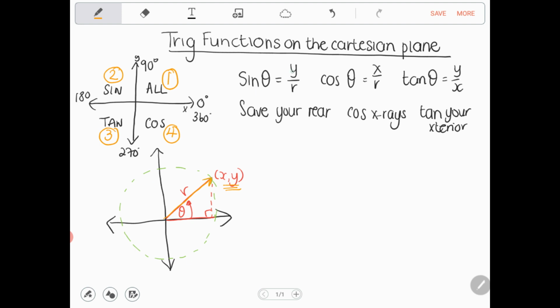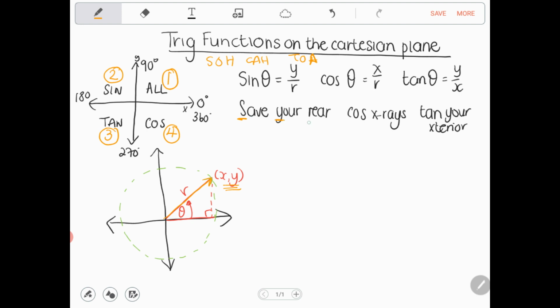So sine was y over r, cos theta was x over r, and tan was y over x. So we move from SOHCAHTOA, which you still need to remember for right angle triangles, to these x, y, and r ratios here.